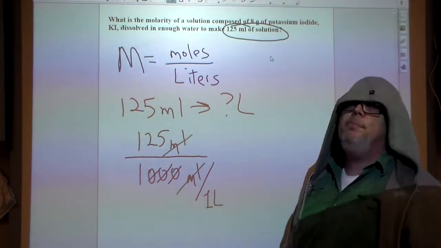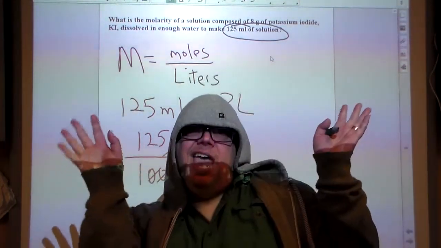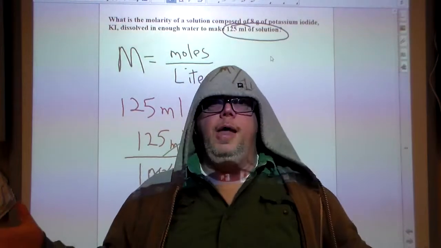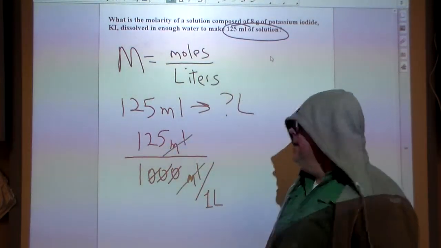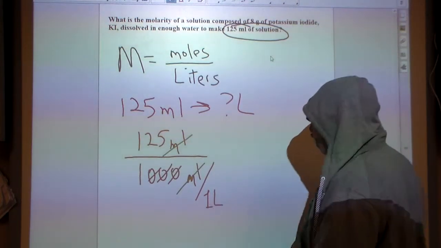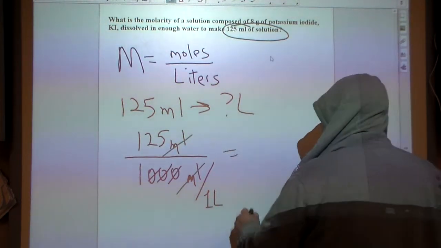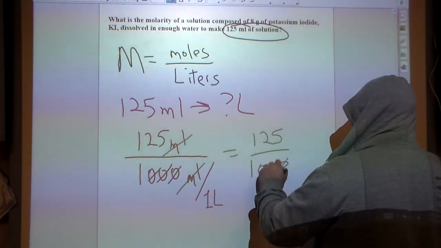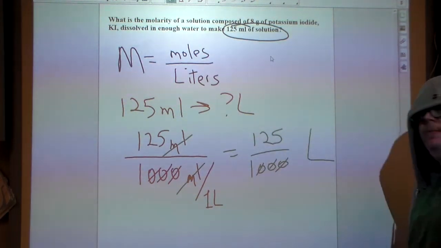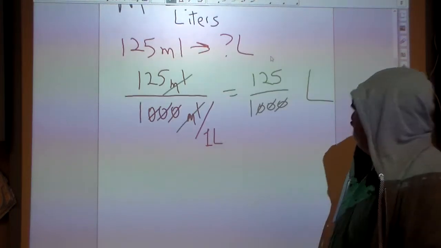Apples over apples, berries over berries, Kanye over Kanye. It's 1. Basic math law. So milliliters over milliliters is 1. That means we're left with 1 liter, ending up with 125 divided by 1,000 liters. So we know it's going to be less than 1.